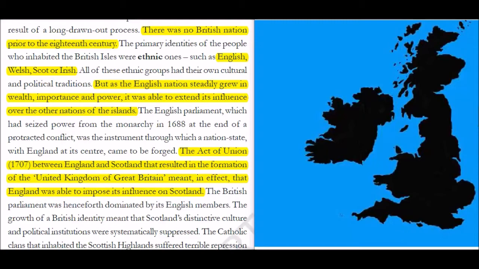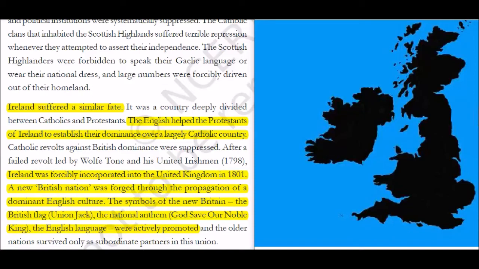The Act of Union between England and Scotland in 1707 resulted in the formation of the United Kingdom of Great Britain. Ireland suffered a similar fate. It was a country deeply divided between Catholics and Protestants. The English helped the Protestants of Ireland to establish their dominance over a largely Catholic country.